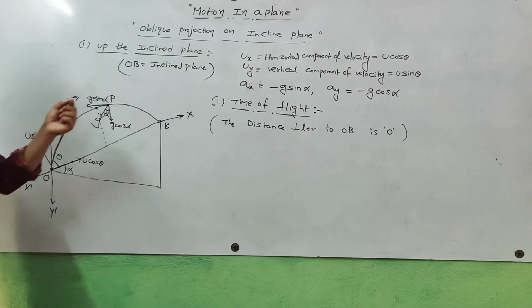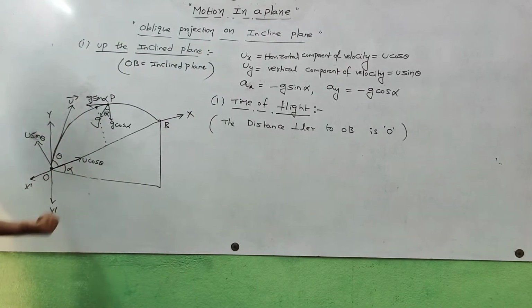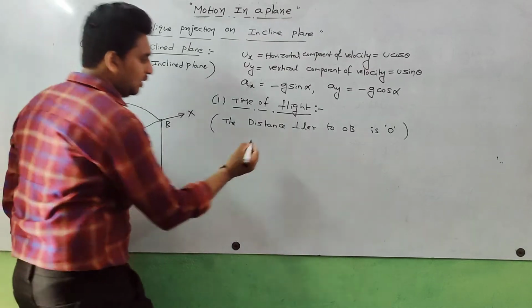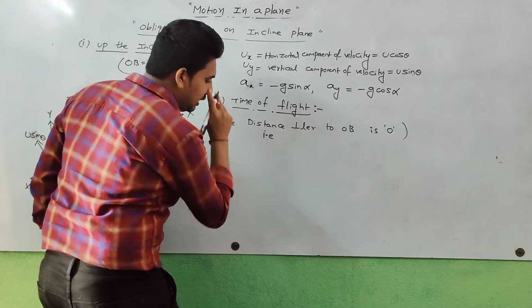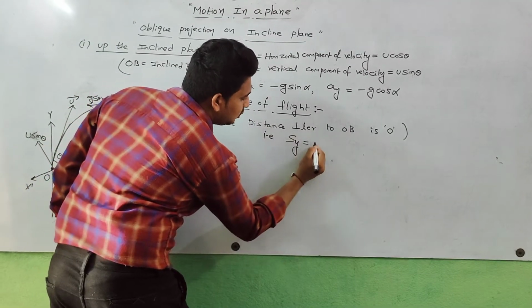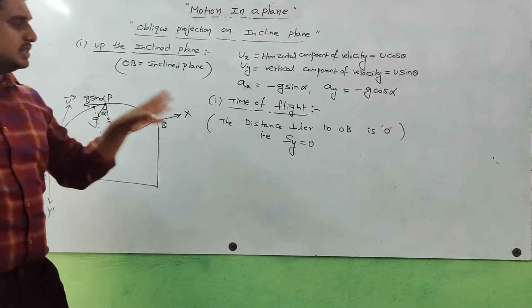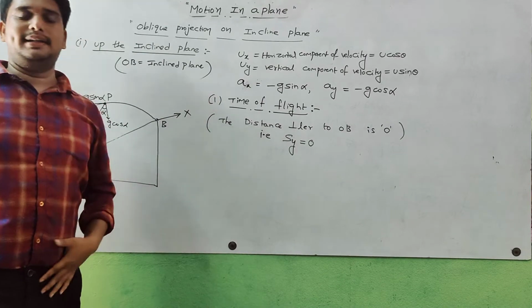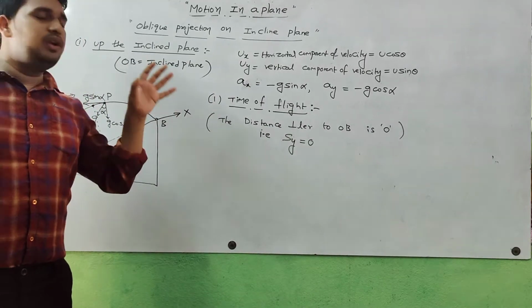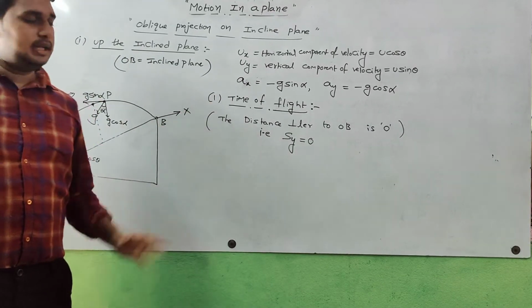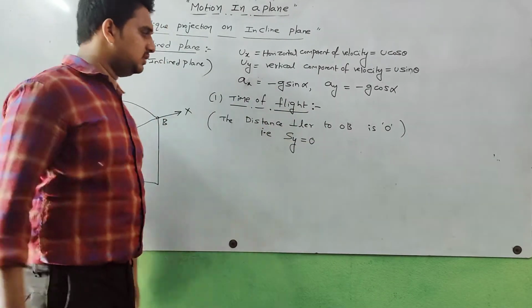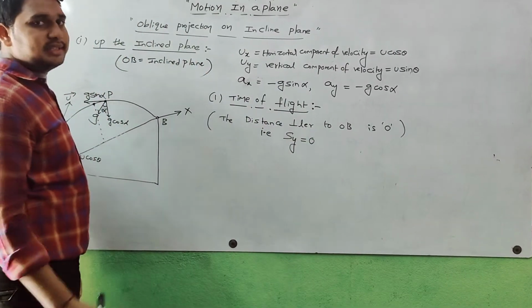Distance perpendicular to OB means the vertical component, so the vertical component distance Sy is equal to 0. Based upon this, we derive time of flight. Sy is equal to 0. This is a simple trick.